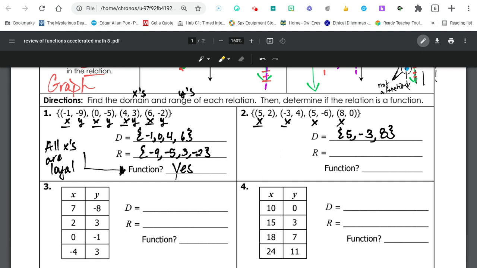All right, now let's focus on the function real quick. Look at your x values. Are any of your x's repeating? Yep. 5 is repeating. 5 is paired with 2, and 5 is paired with -6. So it's not a function. Okay, are all your x's loyal?